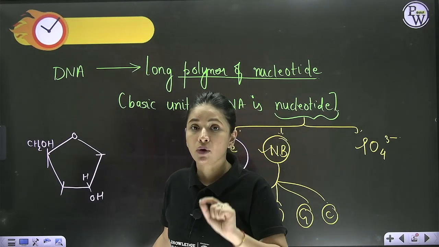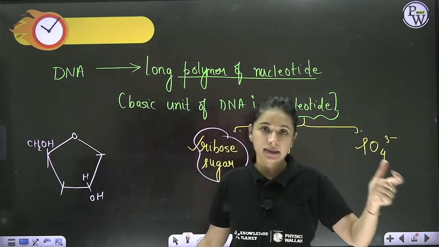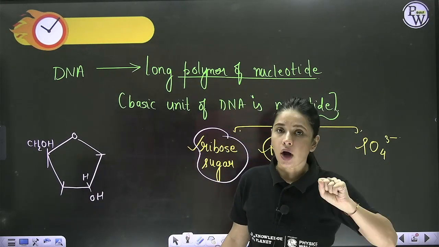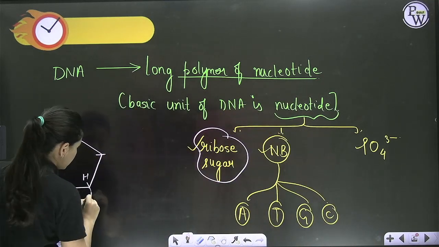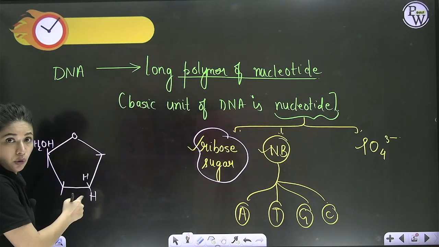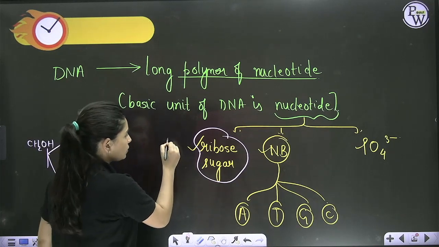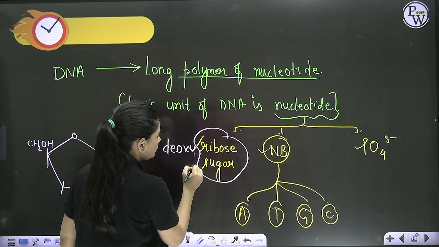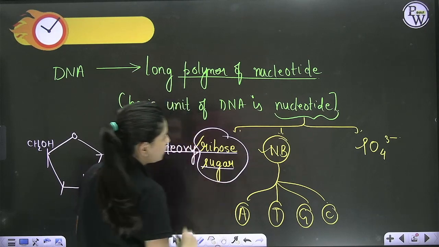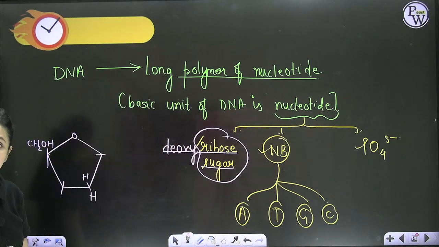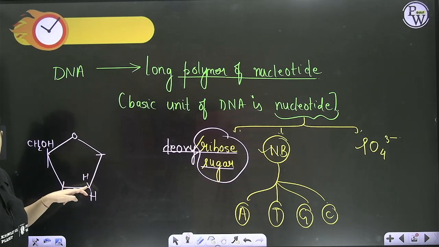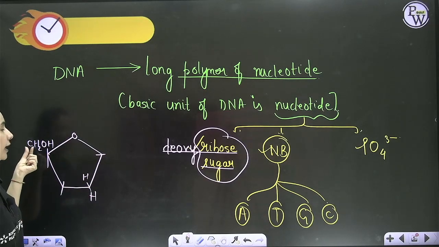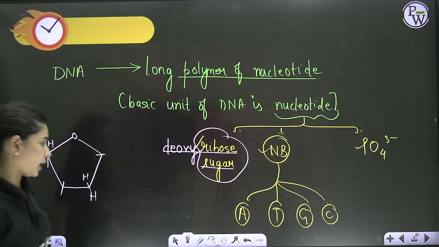So it will be called deoxy. D means removal, oxy means oxygen, right? So instead it will just have hydrogen, no oxygen group. So this sugar is nothing but deoxyribose sugar. Clear? Yes. Now this is the first carbon, second, which is not having oxygen, third, fourth, and to the fourth carbon is attached the fifth carbon.